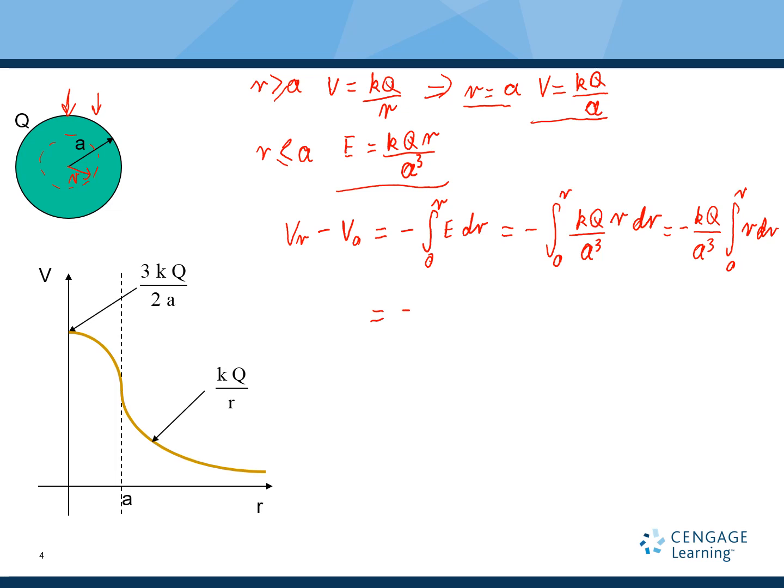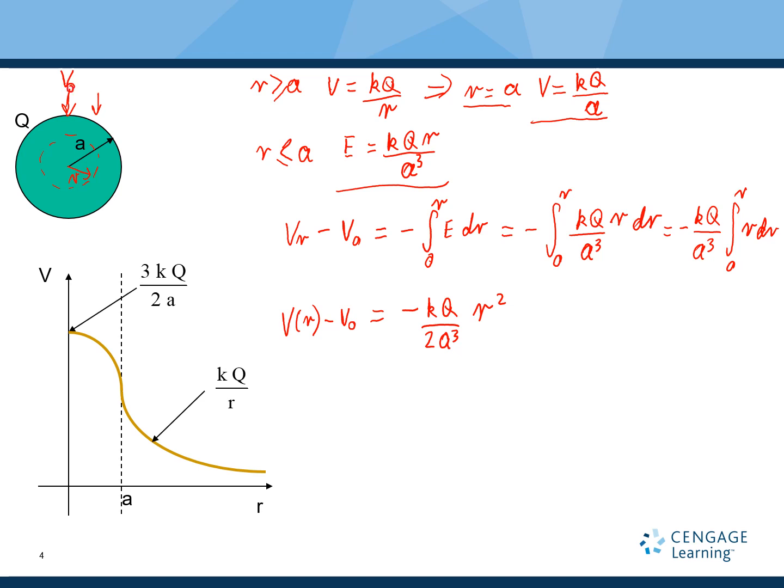So we obtain minus kq over 2a cubed, and then we have r squared. Now, notice something very important. I can write this as V(r) minus V0, where V0 is in fact the potential at the center of the sphere.